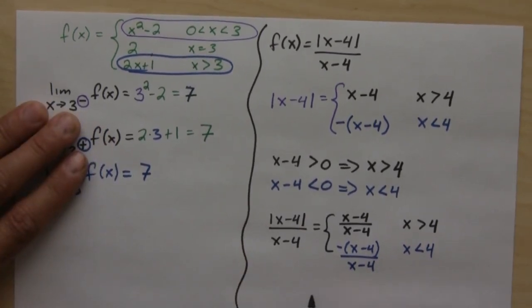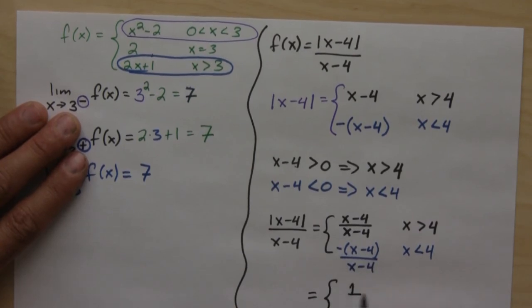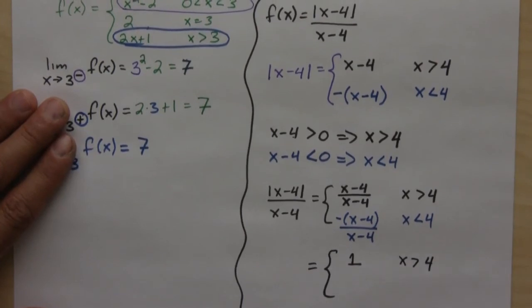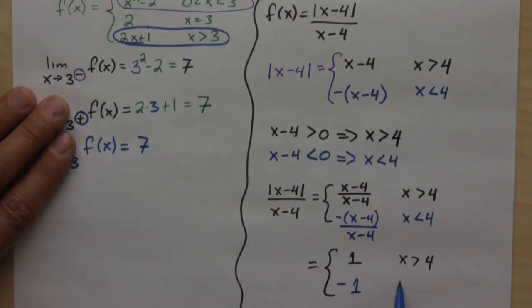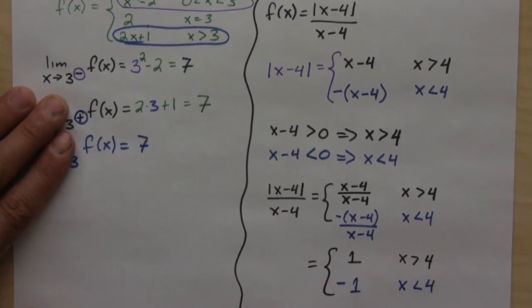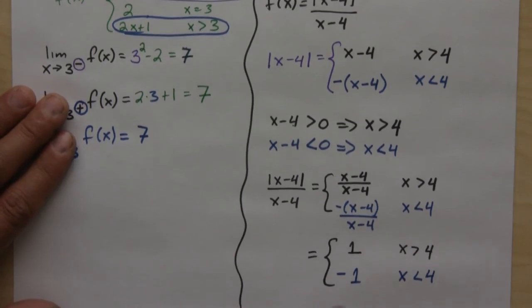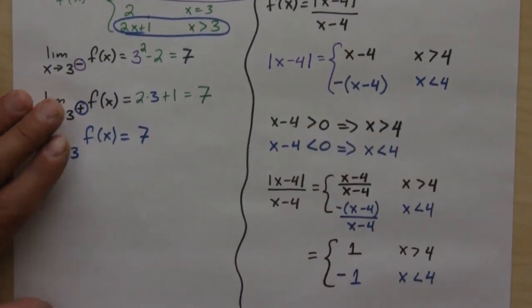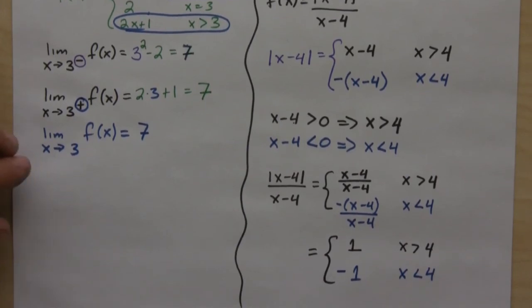Well, lo and behold, this is equal to 1 when x is greater than 4, and negative 1 when x is less than 4. So this is what this guy up here simplifies to, which is pretty crazy if you think about it.